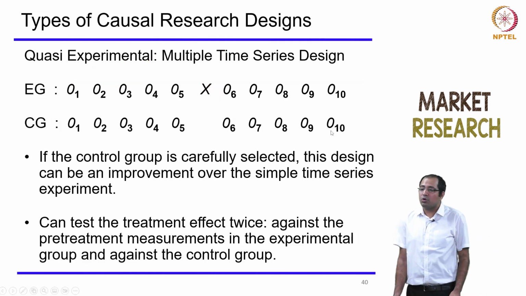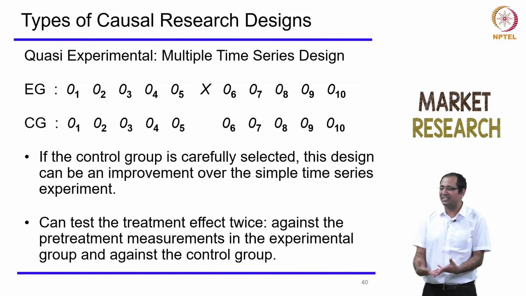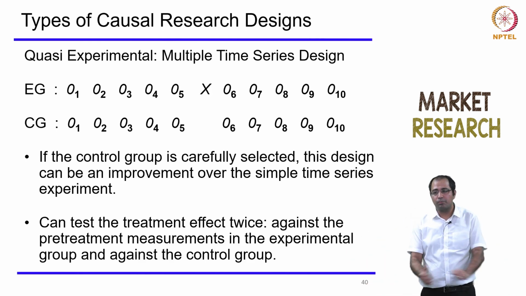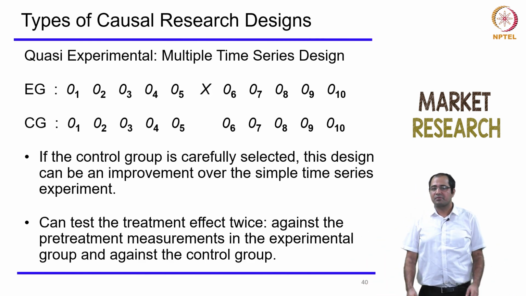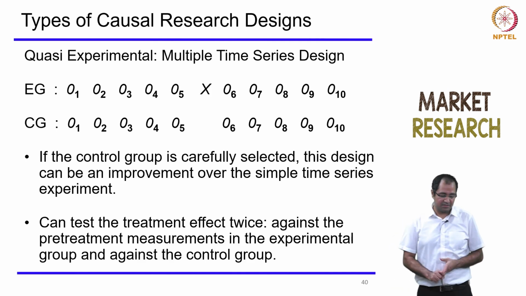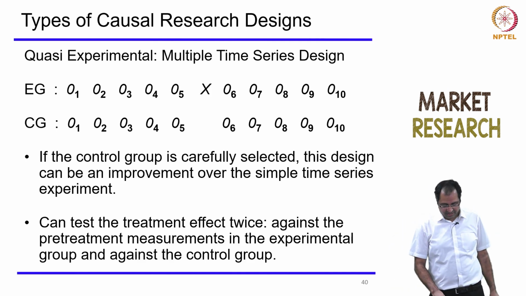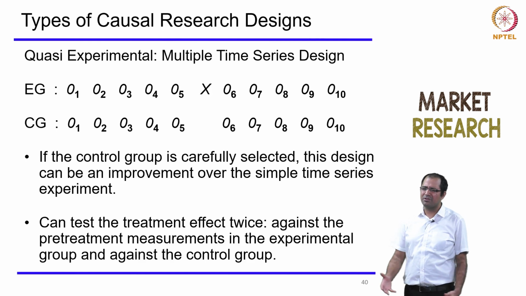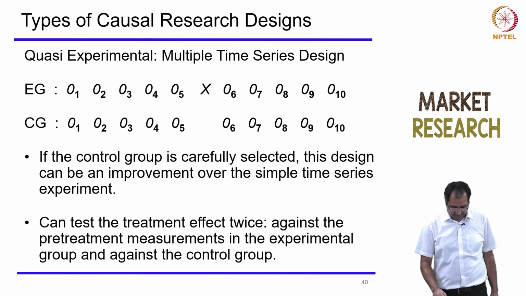And when we use a control group, then it becomes multiple time series design. It's very difficult to have a control group actually. But if you have one, then it will become multiple time series design, where with a control group you can control for many other factors, but it will become more expensive.